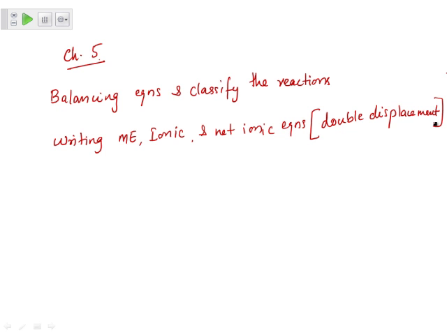Aqueous ionic compounds mean what? They dissolve in water and dissociate. They exist as ions, so you have to write them as ions. That is what the ionic equation is. Do not split solids. Solids exist as they are. Okay? That is the ionic equation.